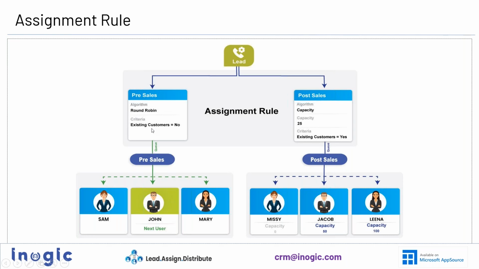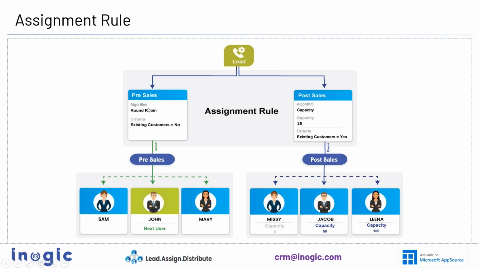If the lead that is being created is not for an existing customer, only in that case, the lead would be going to the pre-sales queue, which is using the round robin algorithm. However, if the lead being created is for an existing customer, then rather than the pre-sales queue, the lead would be lined up in the post-sales queue, which is based on the capacity algorithm.